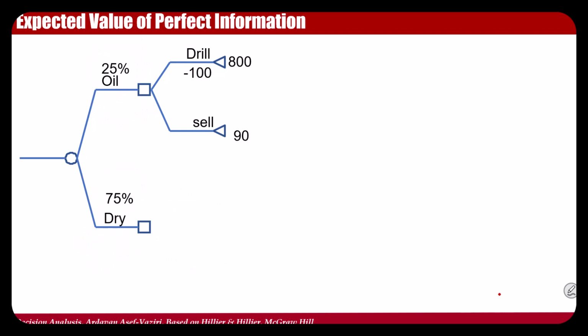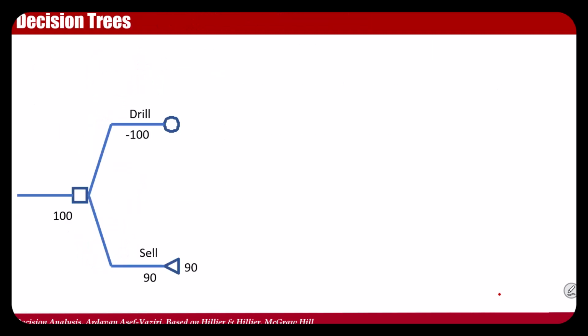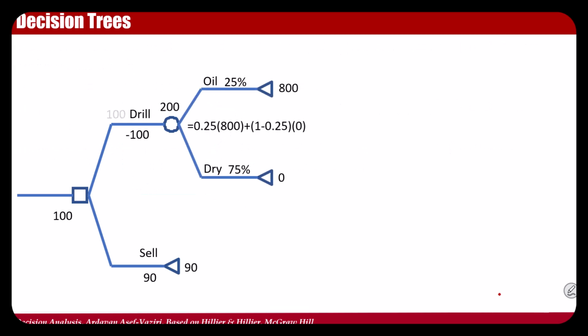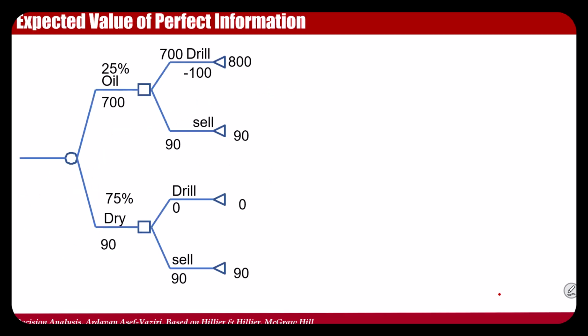We have already computed the expected value without perfect information, and now we compute the expected value with perfect information, and that is 700 times 0.25 and 90 times 0.75, and that is 242.5.